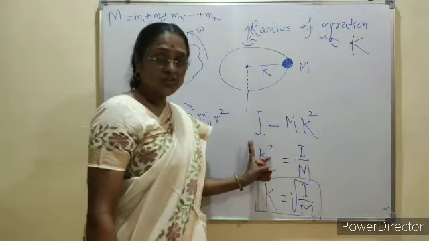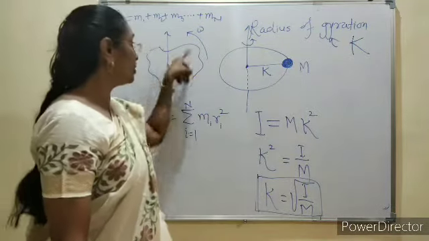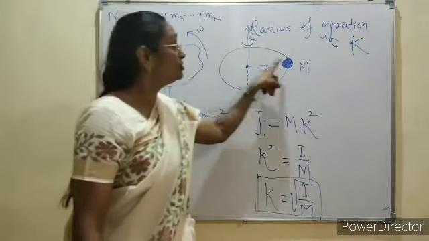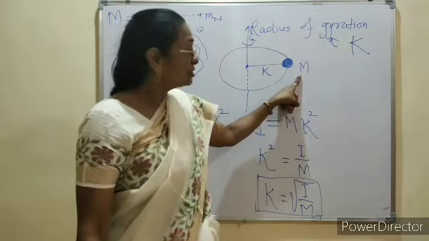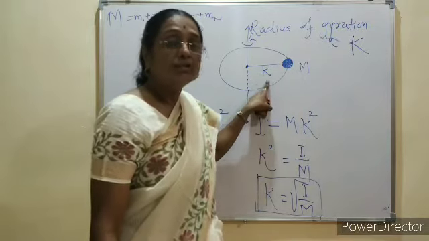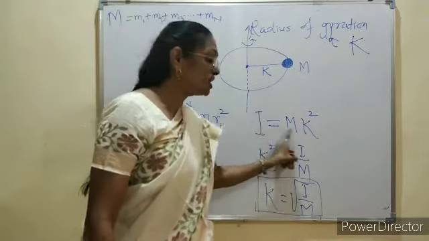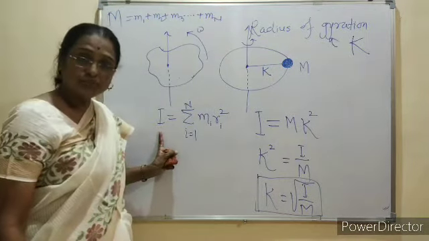The condition here is that the mass of the whole body is supposed to be concentrated at a point situated at radial distance k, so as to possess the same moment of inertia as that of the body.